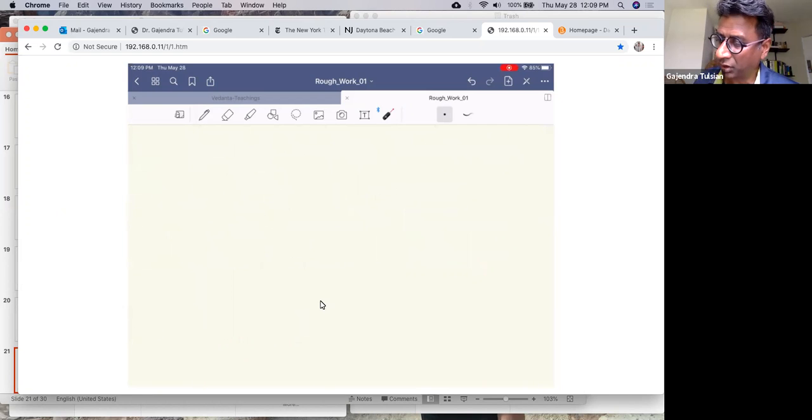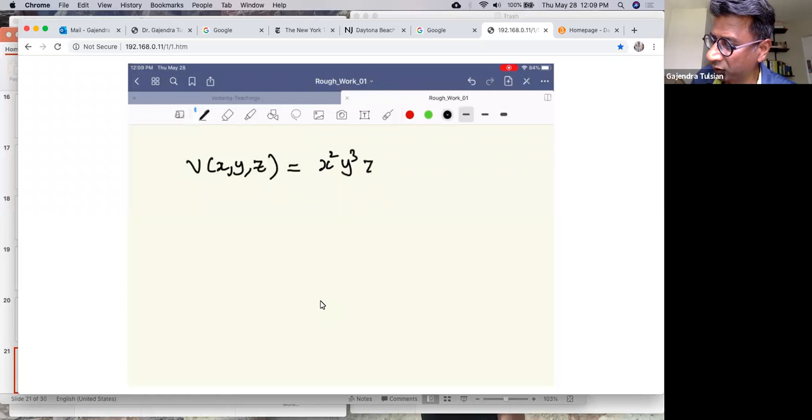I'm going to just make up a function V(x, y, z) equal to x squared y cubed z to the power 4. Okay, so we'll just do that function.